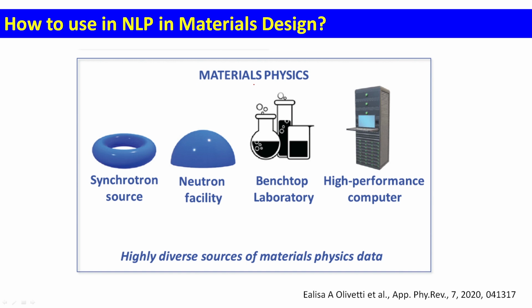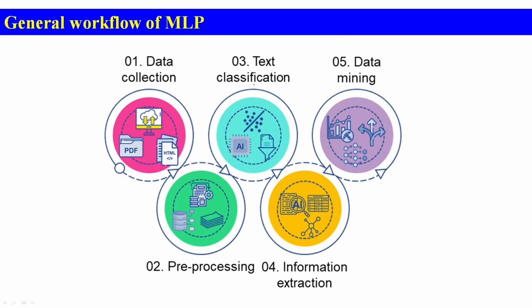So, that is why, in a general workflow of NLP, that is what is called language processing, the first thing is the collection of data. How do you do that? Most of the papers are published, and they are available in terms of PDF or HTML, right. Papers or patents, whatever, are published as PDFs or HTML, and many times they are stored either on the website of the journal or in the cloud.